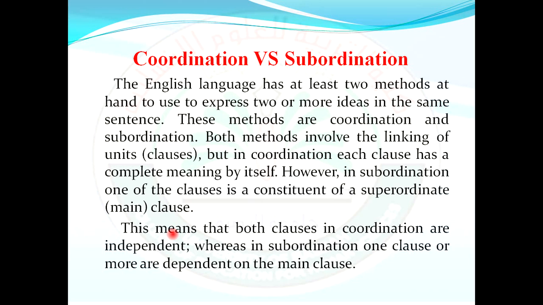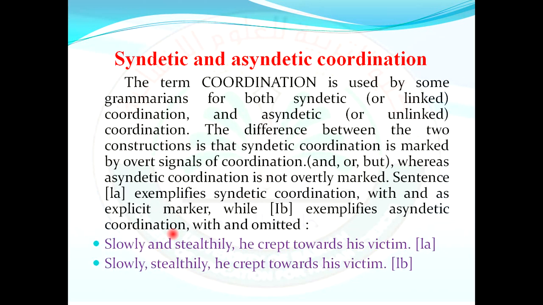However, in subordination, one of the clauses is a constituent of a superordinate or main clause. This means that both the clauses in coordination are independent, whereas in subordination, one clause or more are dependent on the main clause.